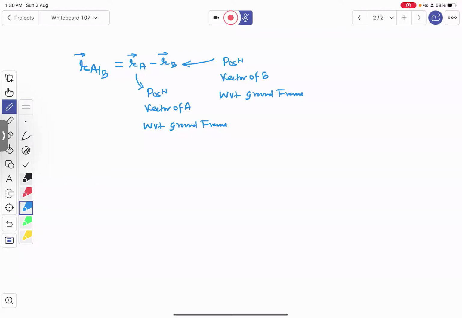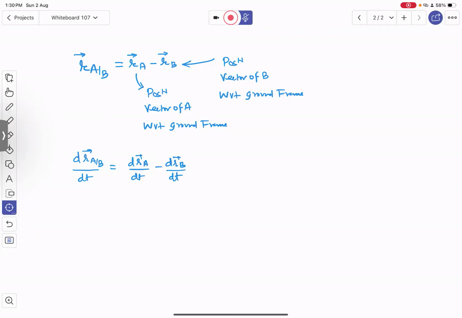Now, if I do the differentiation on either side, what we get is the differentiation of RAB. So rate of change of position of A with respect to B must be giving us velocity of A with respect to B. Rate of change of position of A with respect to the ground frame, with respect to t, since RA is the position vector with respect to the ground frame.